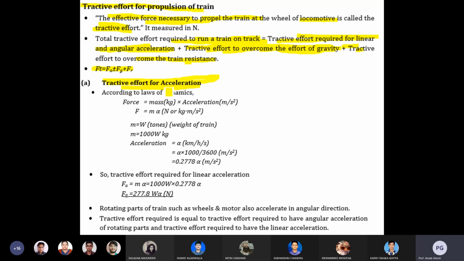The first one is acceleration, Fa. How is it directly related to the tractive effort Ft? Force equals mass into acceleration, m into alpha. You know that m is in tons in the case of a locomotive; you can convert it to kg. 1 ton equals 1000 kg, so 1000 W kg, where W is the weight of the train. Acceleration alpha is given in kilometer per hour per second.